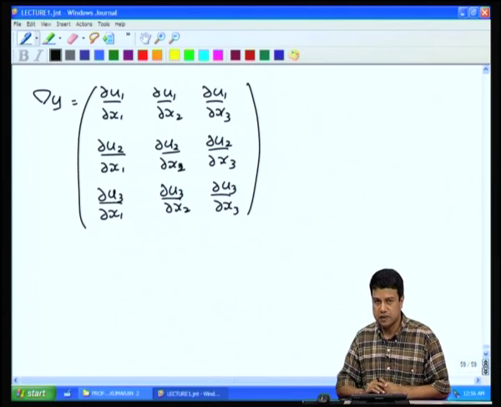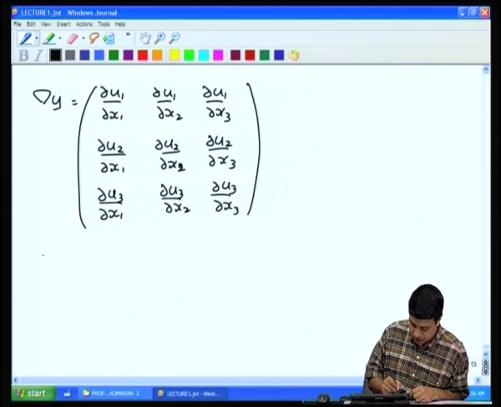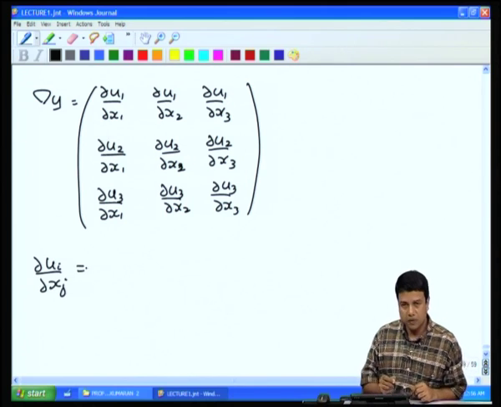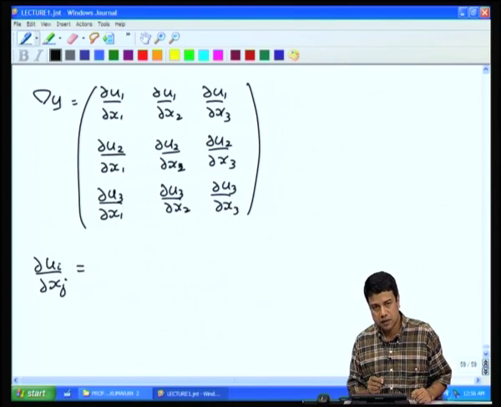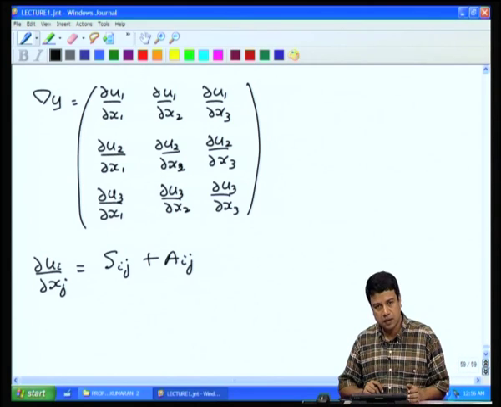It has a total of 9 elements. Any matrix can be written as the sum of a symmetric and an antisymmetric part. So, if I write this in indicial notation, this becomes partial v_i by partial x_j, which can always be written as the sum of a symmetric and an antisymmetric part, S_ij plus A_ij, where S is the symmetric part and A is the antisymmetric part.